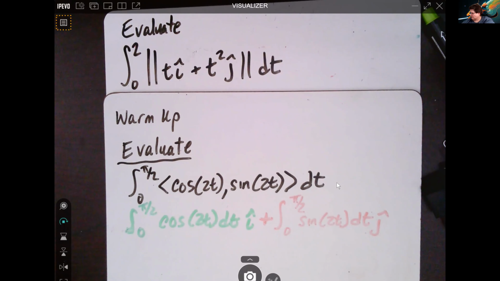Is that visible? It kind of hurts your eyes. Neon blue's a little better. Orange, that's a lot better. How's that, guys? Yeah, it's way better.